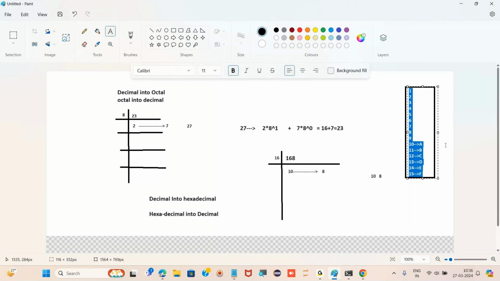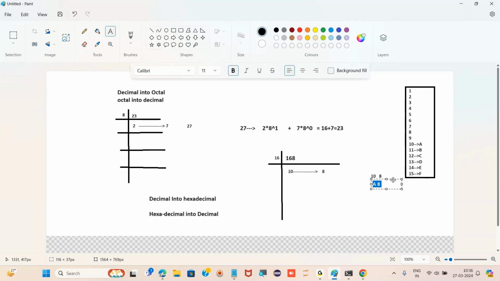Now whatever number comes like 1, 2, 3, 4, 5, it will be the same as it is. But whenever 10 comes, the value should be considered as A, and 8 stays as it is. So while converting, it will become something that looks like A and 8.